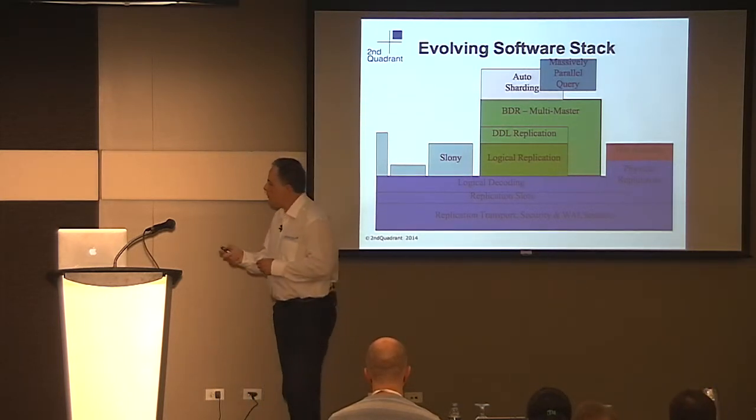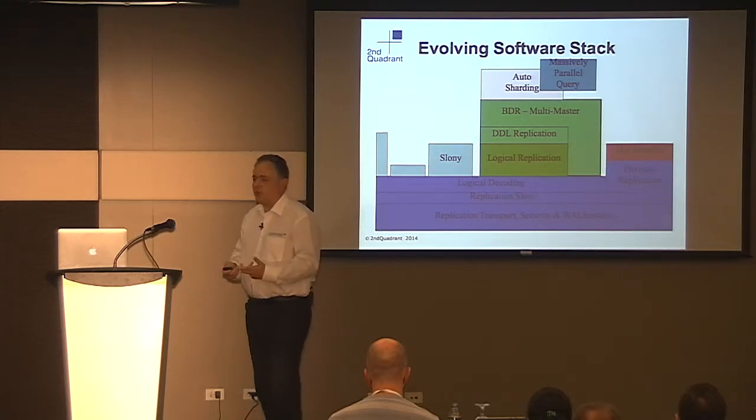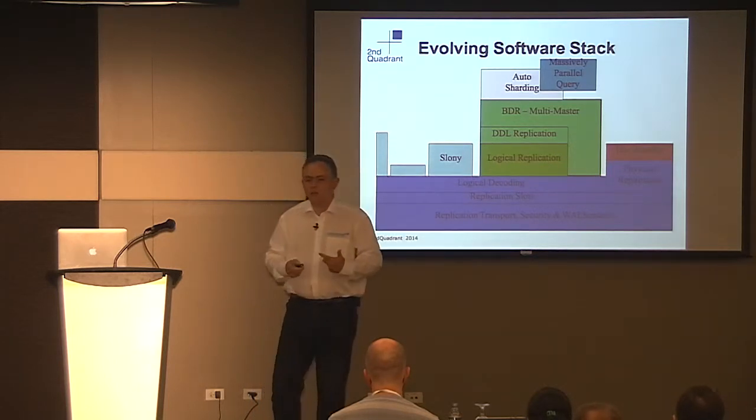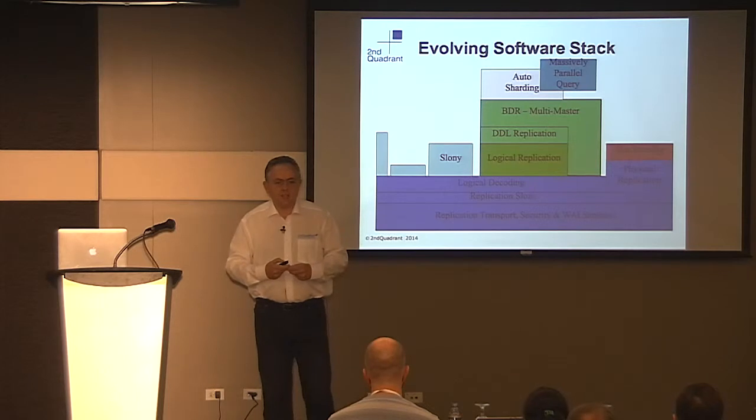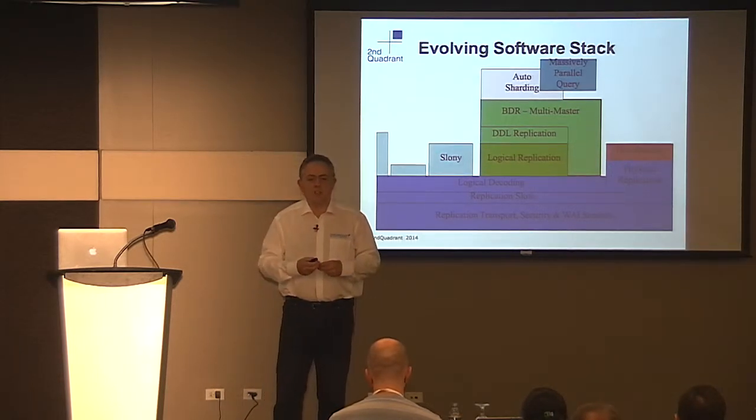So what we had done over here is we built replication transport, we built physical replication, and then on top of that we added hot standby. Okay, so that's what allows replicated standby databases to be used for read-only slaves.